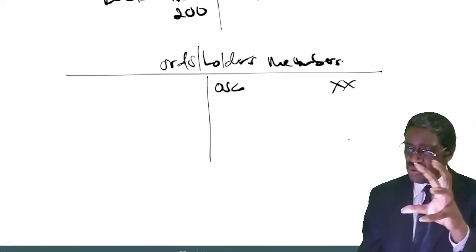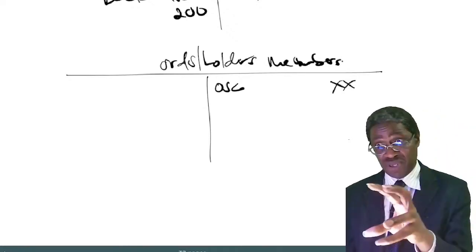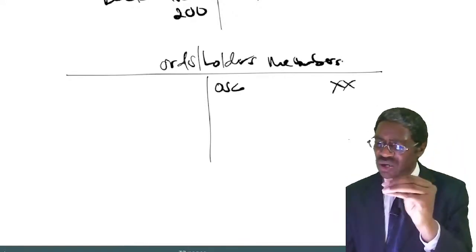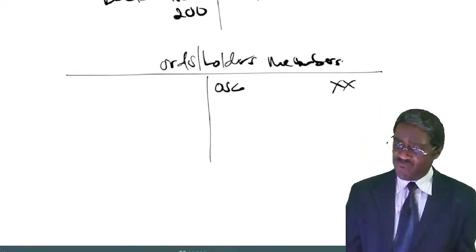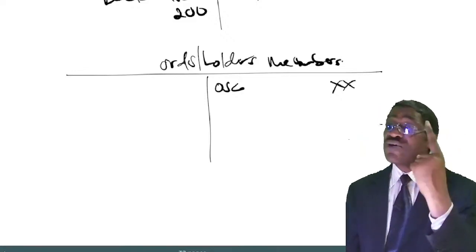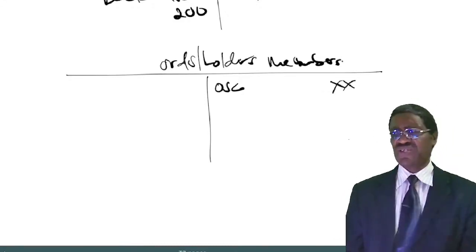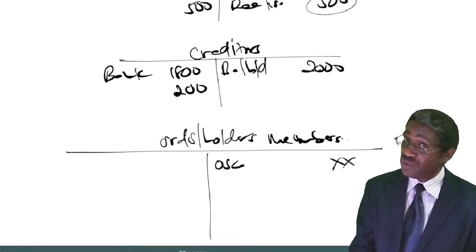So what you do, you open a liability account for them, whereby you take anything you owe to the ordinary shareholders into that account. Then when it comes to the time of payment, you will pay them only once, not in piecemeal. We have done one entry. That is the amount we owe them, their capital.